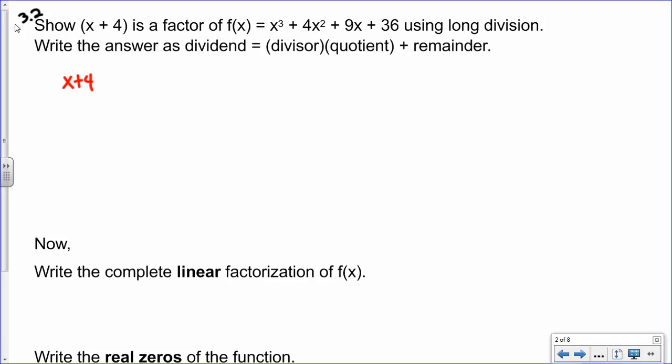So I'm dividing by x plus 4, and my dividend, x cubed plus 4x squared plus 9x plus 36. Make sure there are no skips with your exponents. 3, 2, 1, constant, so you don't need to put a 0 there as a placeholder.